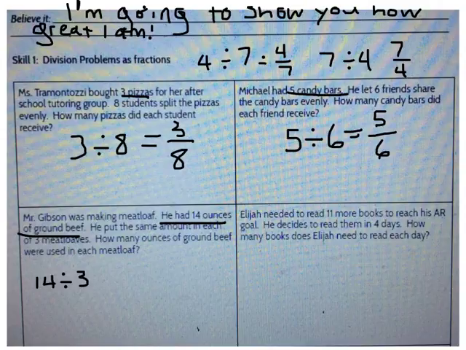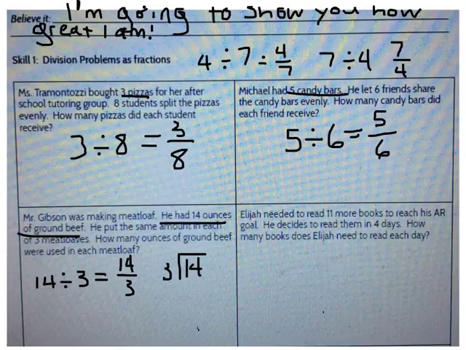Write 14 divided by 3 as an improper fraction. Well, 14 divided by 3 is the same as 14/3. I know that I shouldn't leave my answer as an improper fraction. What operation can I use to change 14/3 into a mixed number? I can divide. 14 divided by 3.